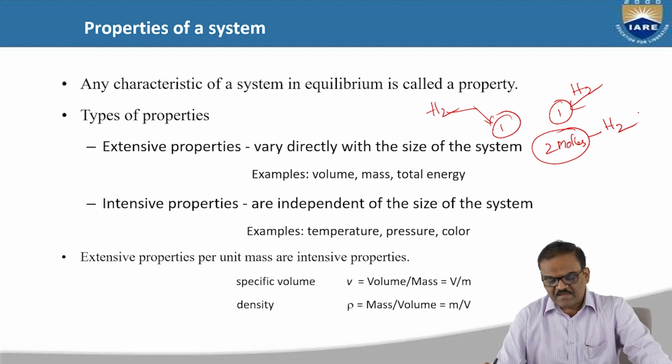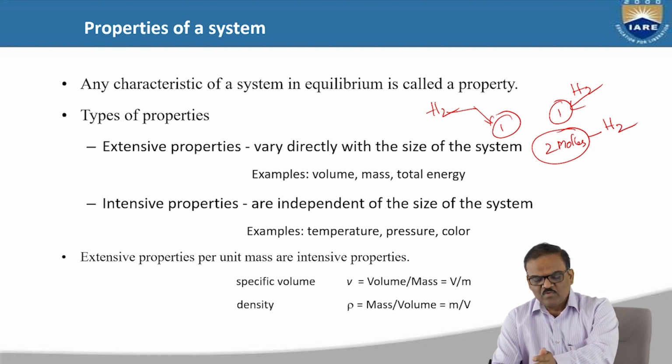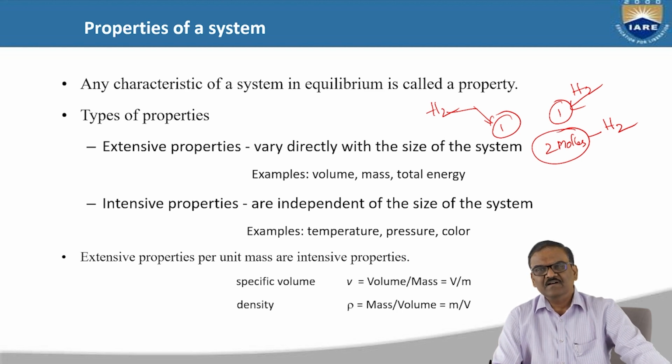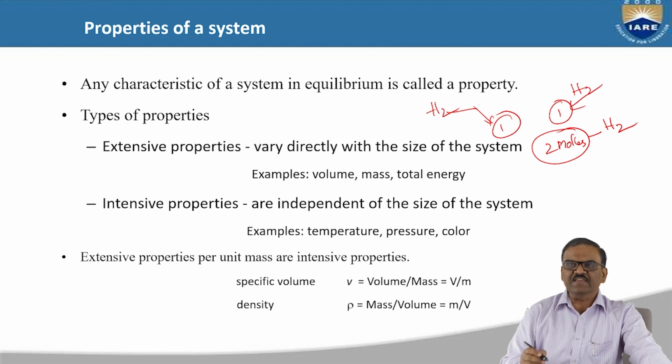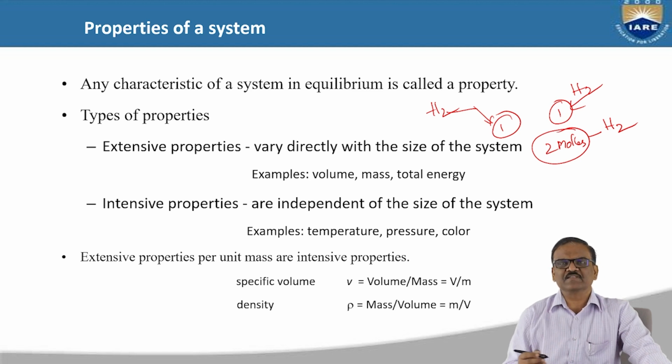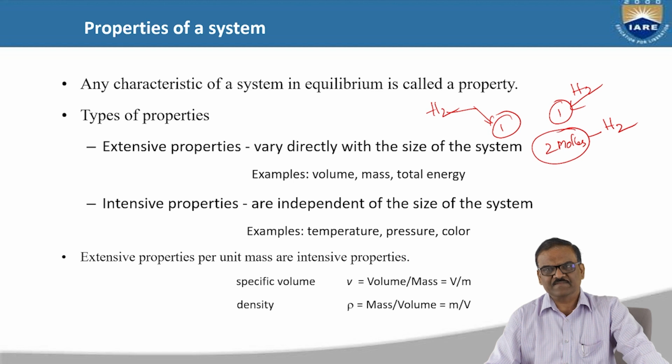So when you see here, these 2 moles are getting added. So there is volume change taking place. And here we can say 1 kg plus 1 kg. When both of them are added, it becomes 2 kgs. Such properties we call extensive properties.